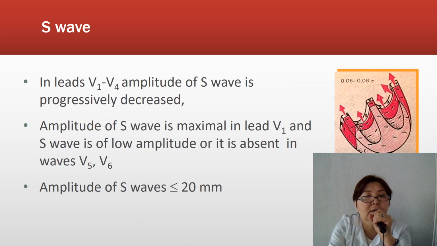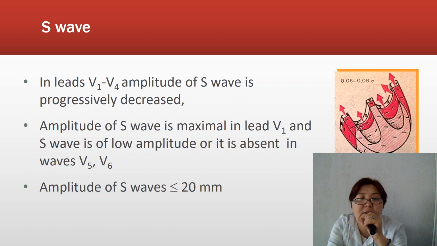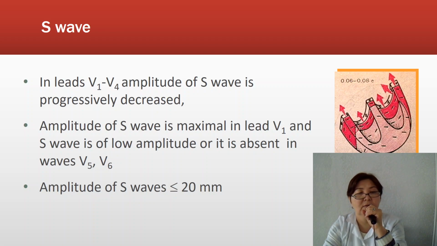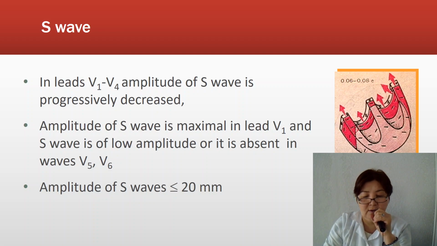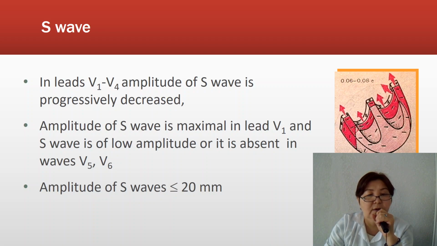S wave: in leads V1 to V4, the amplitude of the S wave progressively decreases. The amplitude of the S wave is maximal in lead V1, and the S wave is of low amplitude or absent in leads V5, V6. Amplitude of S waves is more than or equal to 20 millimeters.